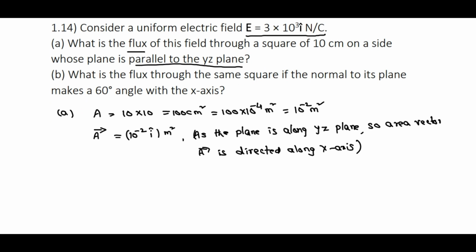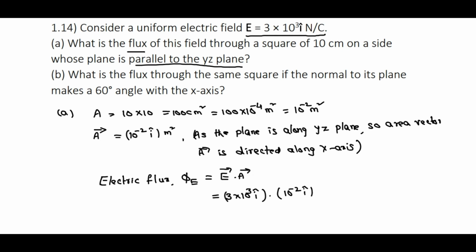How to calculate the flux, electric flux, passing through that area? Phi_E is equal to E bar dot A bar. E bar is 3 into 10 power 3 i cap dot area is 10 power minus 2 i cap.